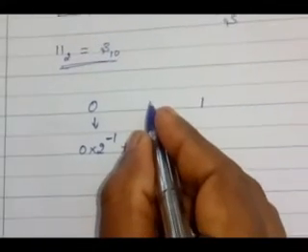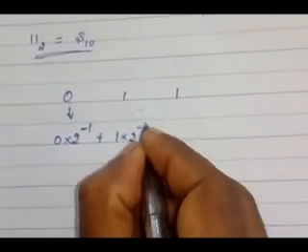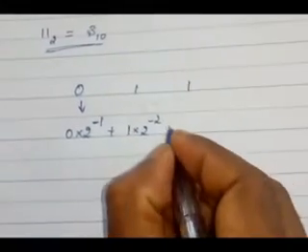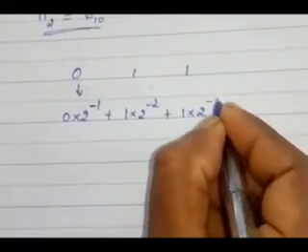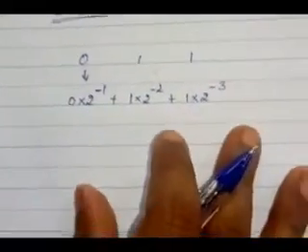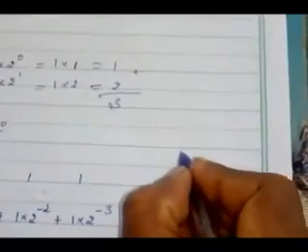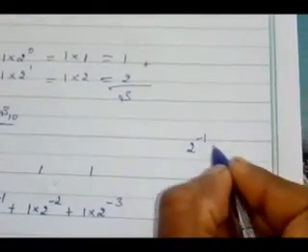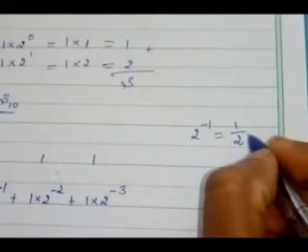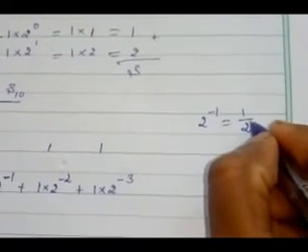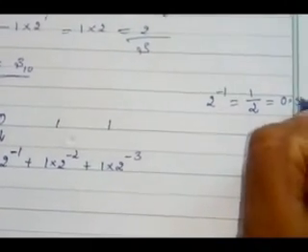Next number: 1 into 2 power minus 2. Then plus the next number, 1 into 2 power minus 3. Did you get me? Next, the 2 power values. See here, 2 power minus 1, we can write 1 by 2 power 1, that is 1 by 2, which means 0.5.